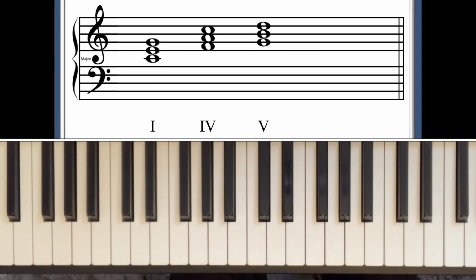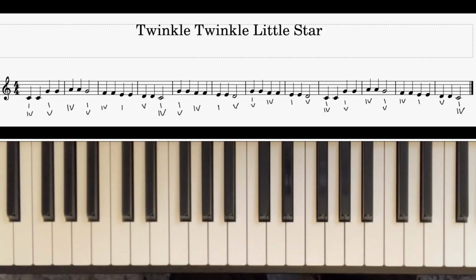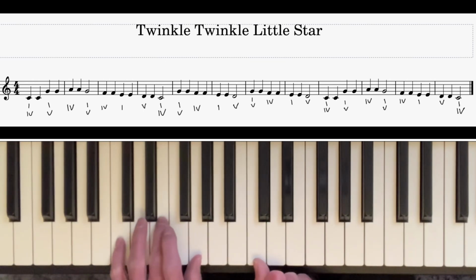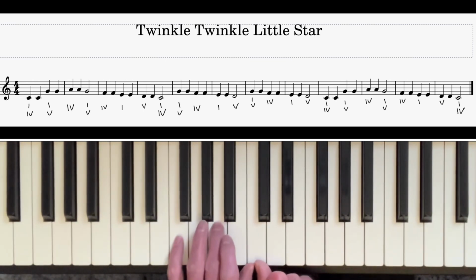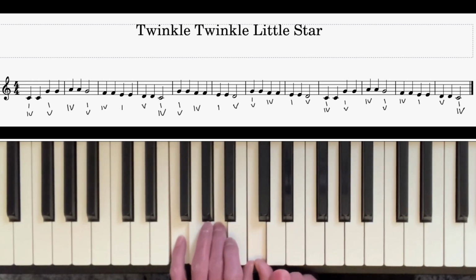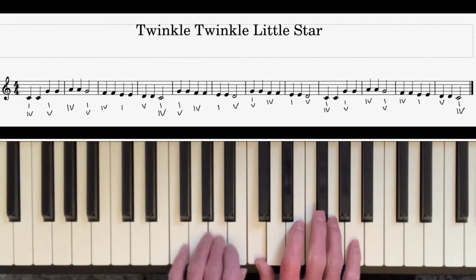So you'll notice as we go through this tune that some notes are in more than one of the primary triads. For instance, the first note, C, is in both the chord of C major, chord 1, and F major, chord 4. So I've written both options down.